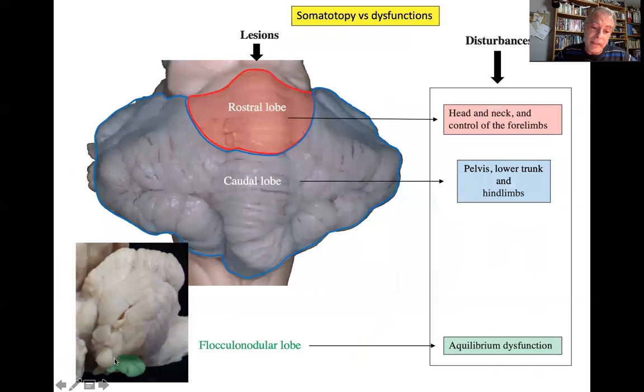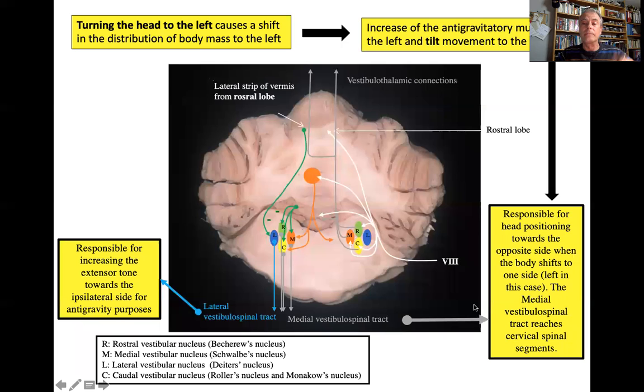And when the lesion affects the flocculonodular lobe, we should expect disturbances in equilibrium dysfunctions. Okay? So, here I want to point out a special circumstance.